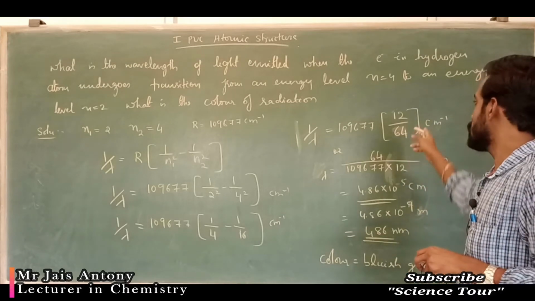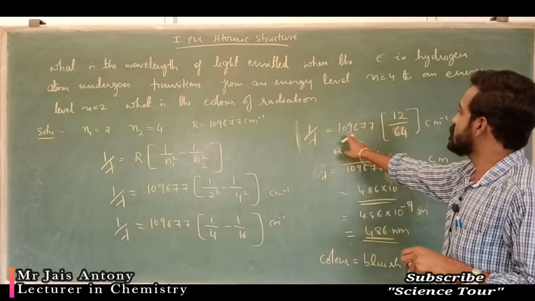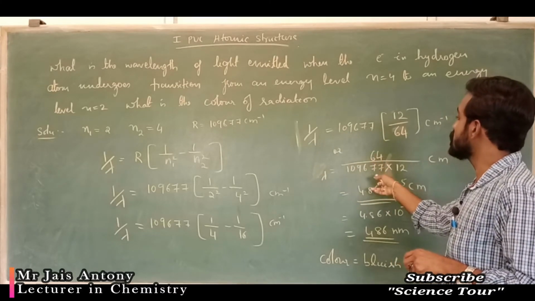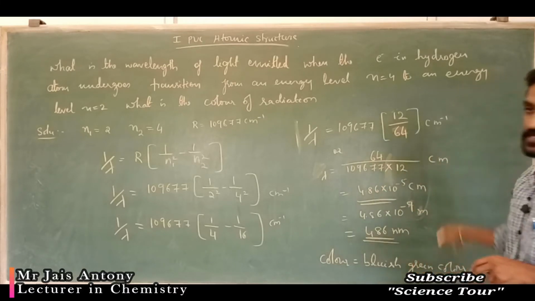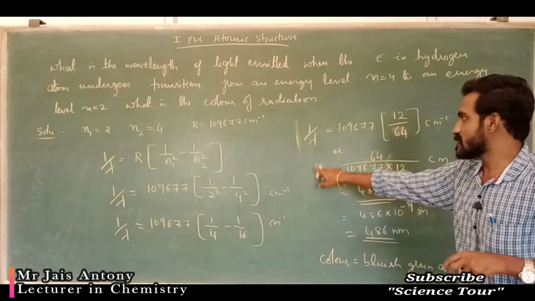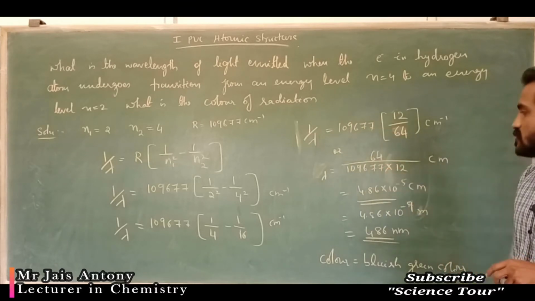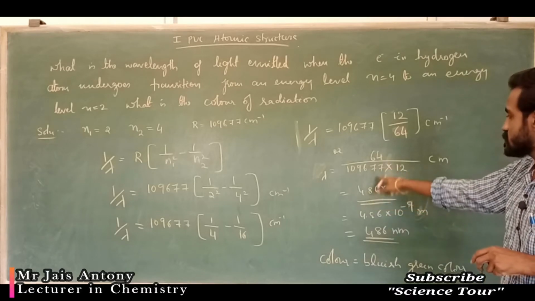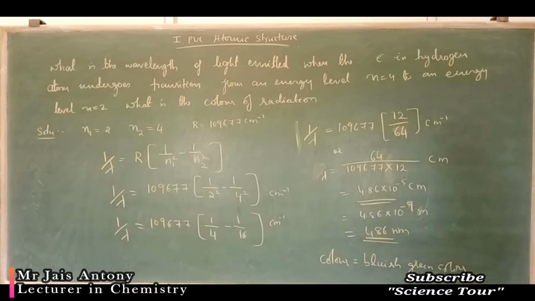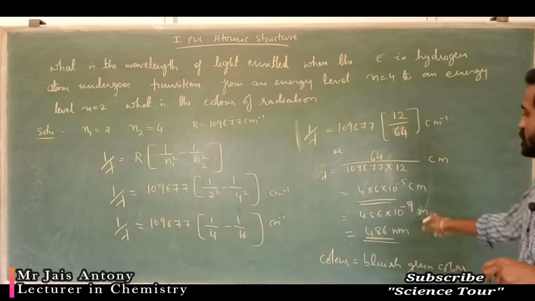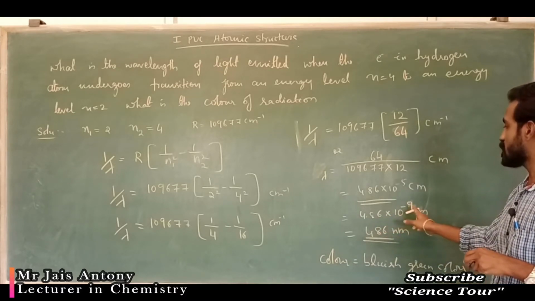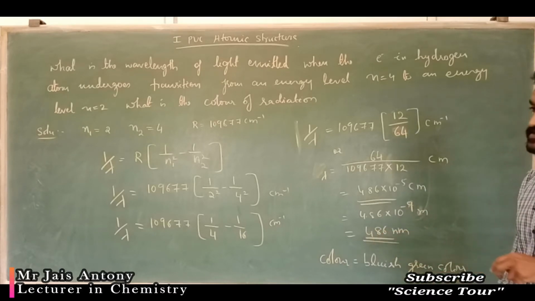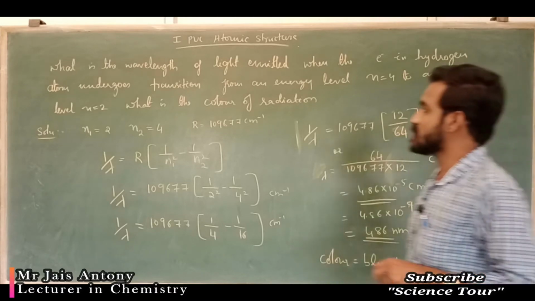If you take the inverse to this side, it becomes 64 divided by this, and lambda is in centimeter, not inverse. Solving this gives 4.86 into 10 to the power minus 5 centimeter, and in meter 4.86 into 10 to the power minus 7 meter, which is nothing but 486 nanometer. It is a bluish green color.